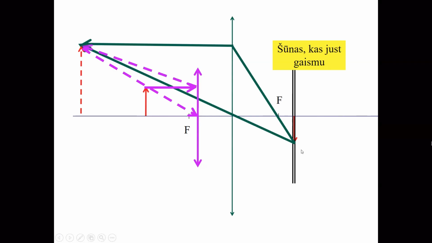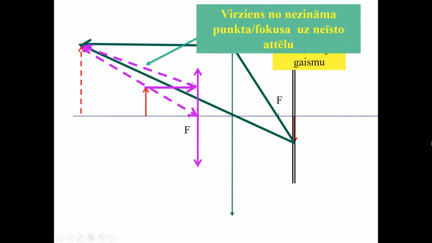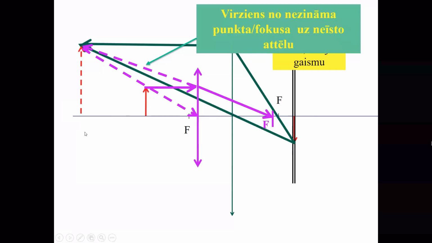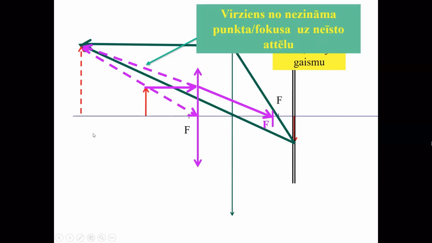This is a refraction in the direction of the fake image. If you prolong it, where is the focus? This is the focus of this lens. And from this refraction, we have the fake image. Is the idea clear?